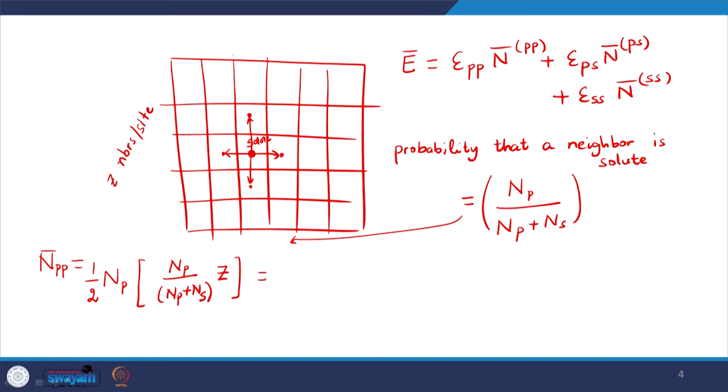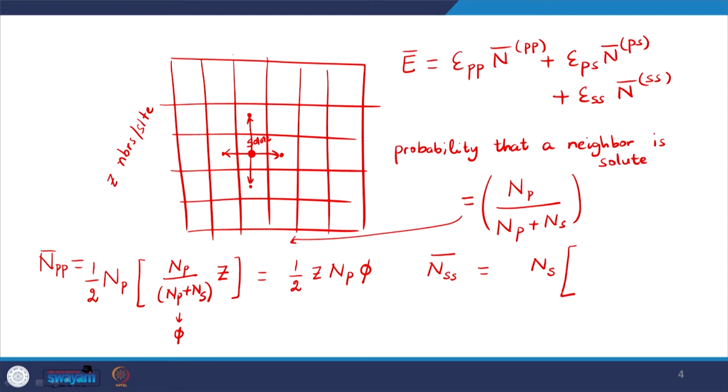So, what we essentially have is half Z NP, and this quantity is phi as we had discussed, half Z NP phi. Similarly, we can go ahead and find the number of solvent-solvent contacts. So, in total we have NS solvent molecules.